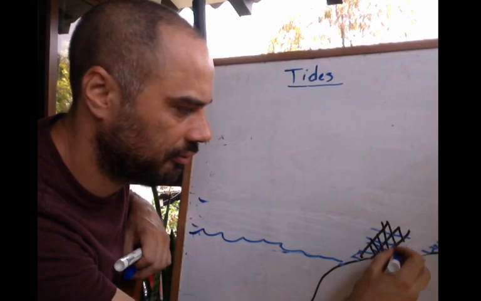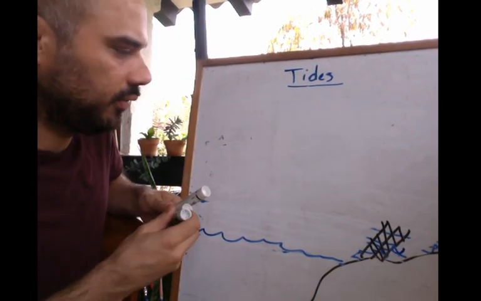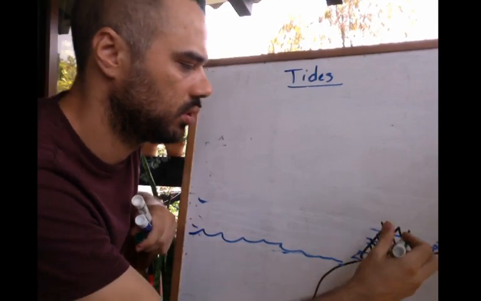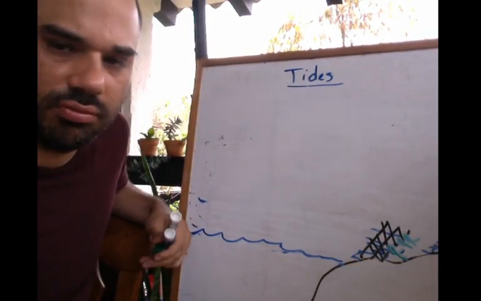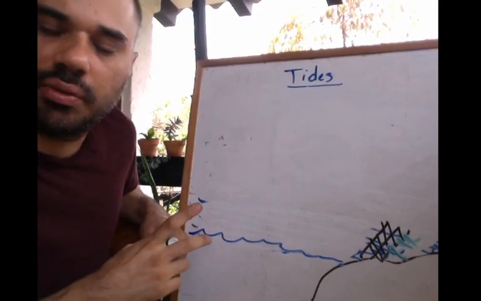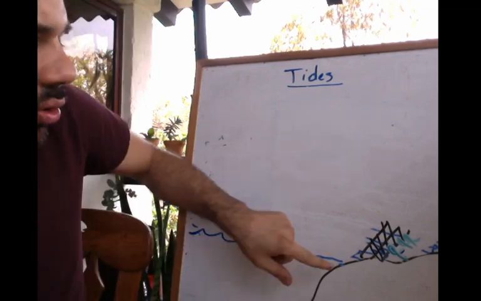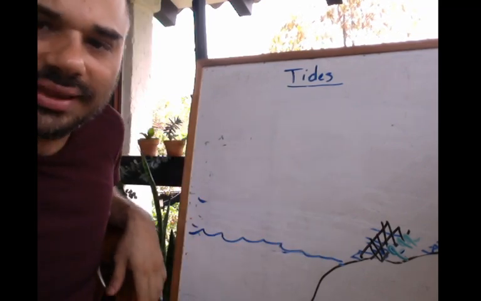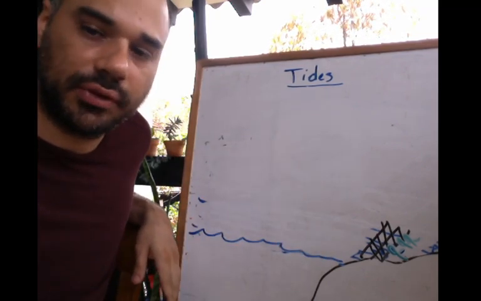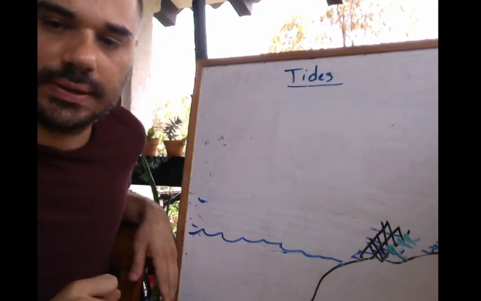So you will fish. Let me put some fish over here, some green fish. That's a way of fishing, for example. And let's remember that some places are using hydroelectrical energy, using also the energy of the tides, the energy of the waves, and the energy of currents.